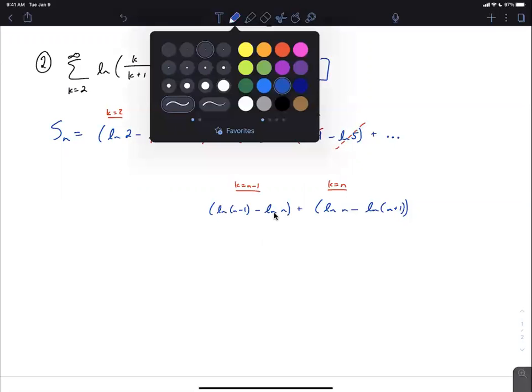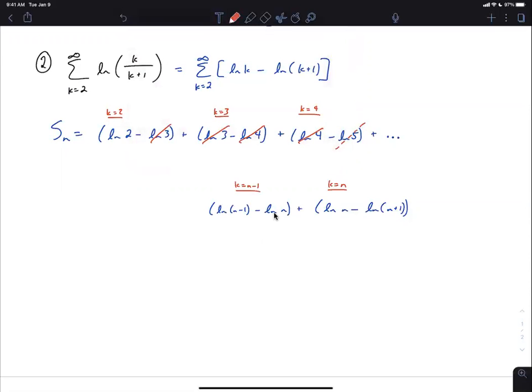And now we're watching for things to cancel again. So natural log of n cancels with natural log of n. And now we continue backward until an entire term cancels again. So if we go back one more, then okay, we get natural log of n minus 2 minus natural log of n minus 1.